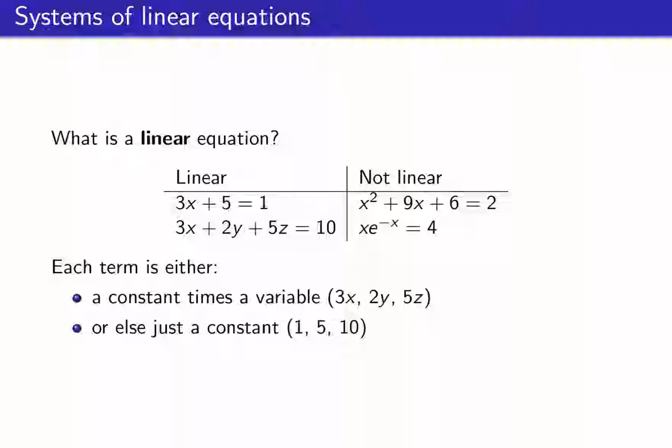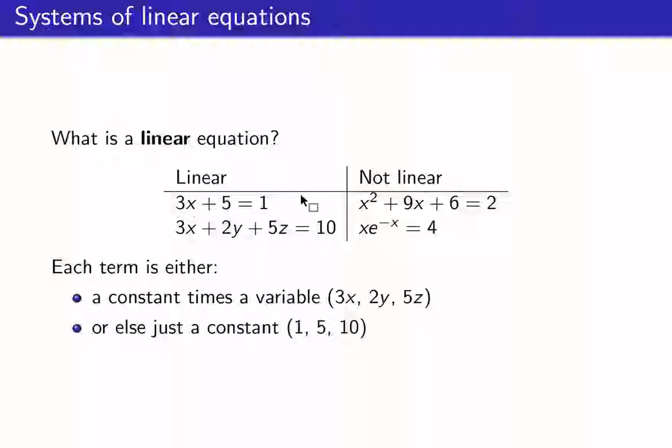An equation, as I said before, is anything with an equal sign. A linear equation is an equation like the ones you're used to: 3x + 5 = 1. But you're also allowed to have linear equations with more than one variable, like 3x + 2y + 5z = 10. That's an example of a linear equation with 3 variables, x, y, and z.